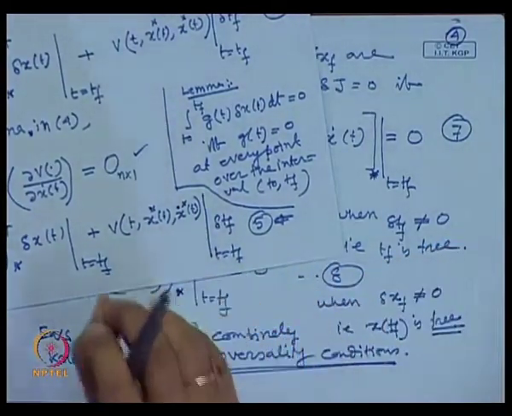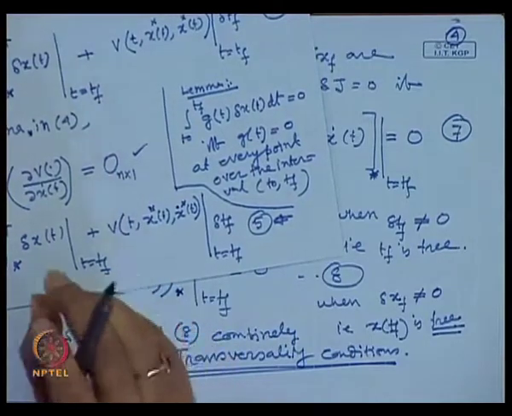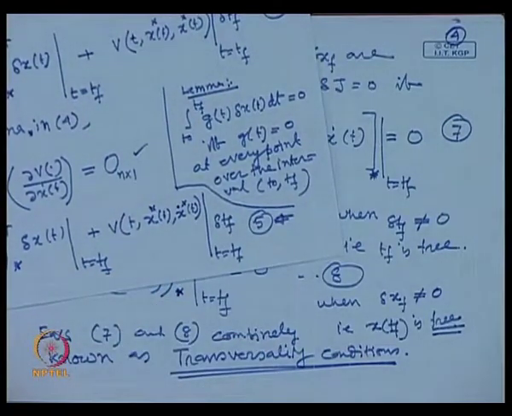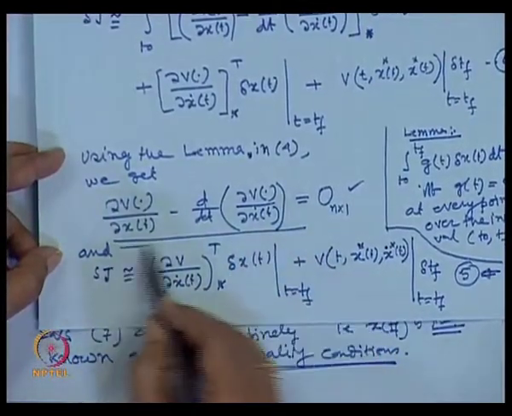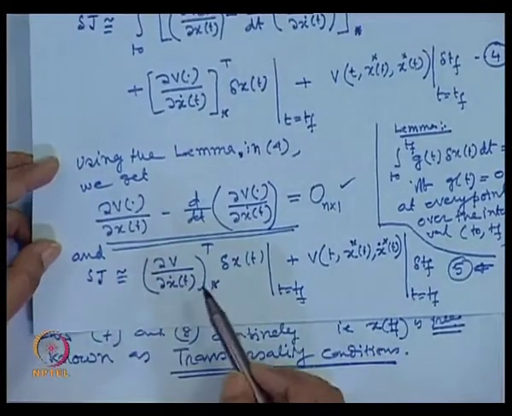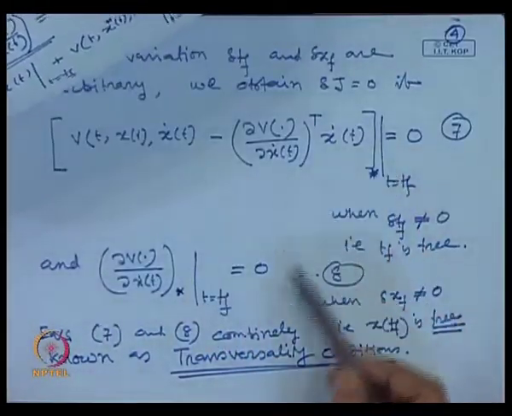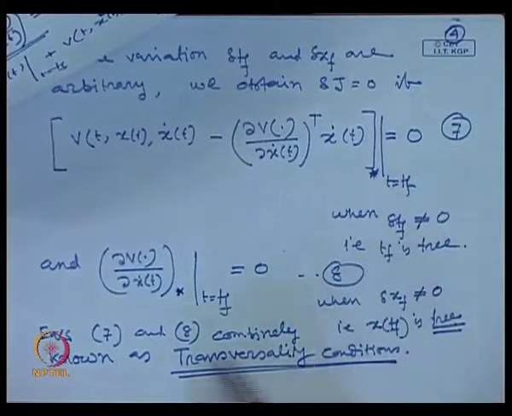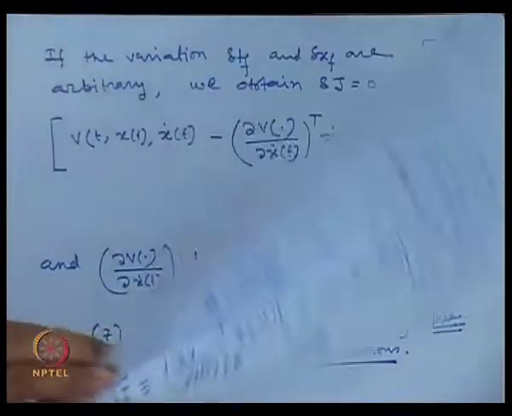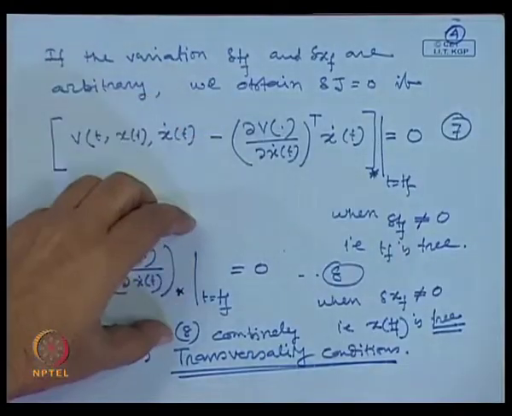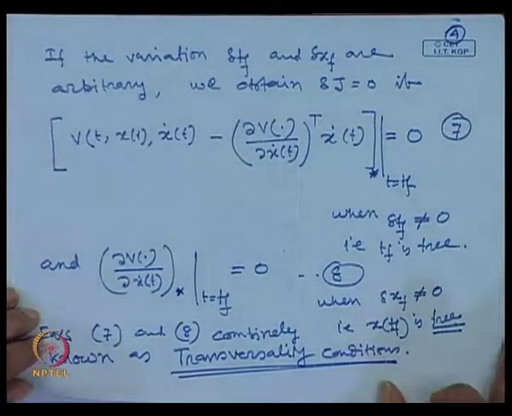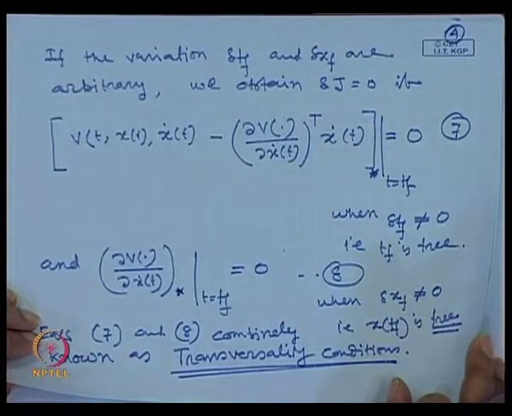In order to optimize the functional value, J is the functional we have to optimize, we have to satisfy first the Euler Lagrangian equation, this equation. In addition to that, we have terminal conditions, these 7 and 8. These end conditions are called the transversality conditions. Simultaneously, we have to solve this equation using the end conditions. That means we will get an optimal trajectory.